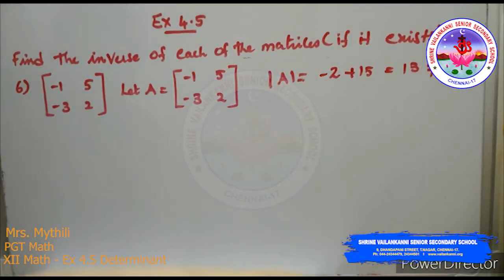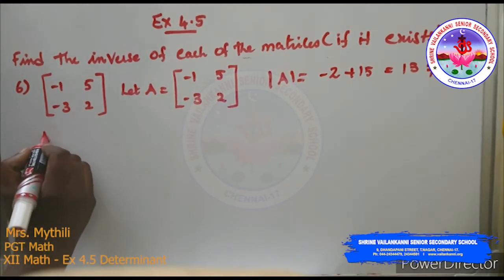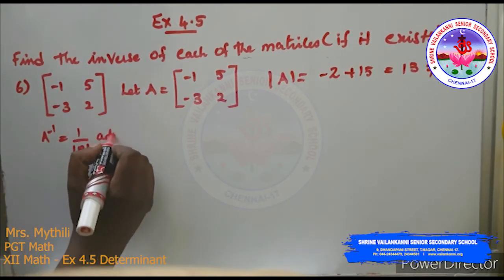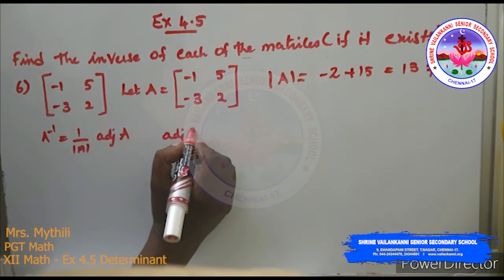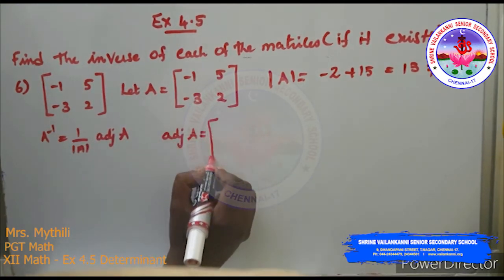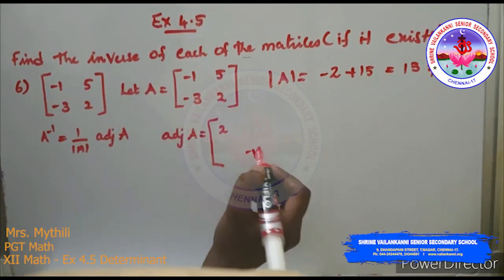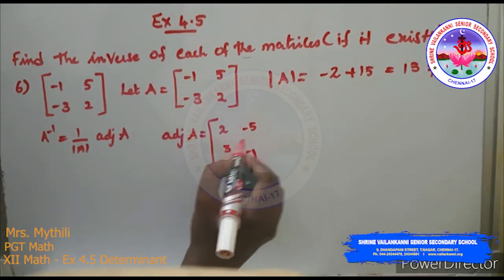So determinant of A is not equal to 0, so A inverse exists. So A inverse equals 1 by determinant of A into adjoint of A. So adjoint of A is equal to, interchanging these two elements, 2 and minus 1, and changing the sign of these two, minus 5 and plus 3.